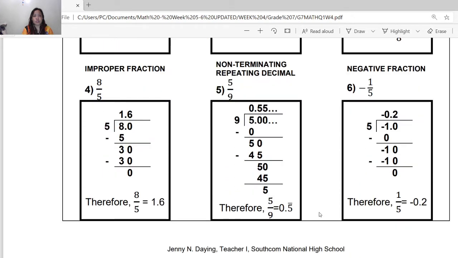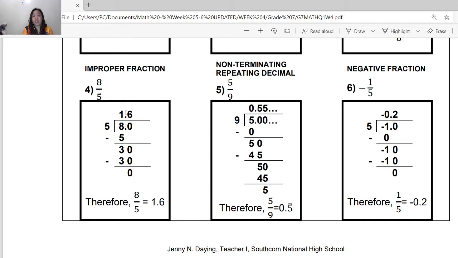For number 4, we have an improper fraction. It is called an improper fraction because the numerator is greater than the denominator. So 8 divided by 5 is 1. 1 times 5 is 5. Subtracting, we have 3. Since 3 is smaller than 5, we will add 0.